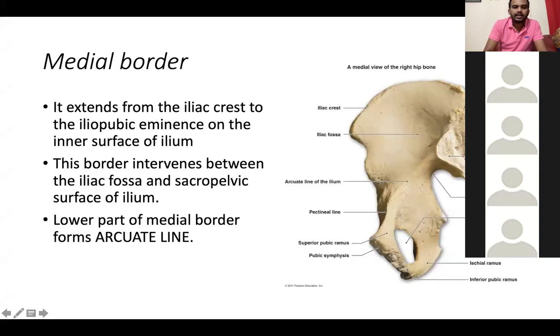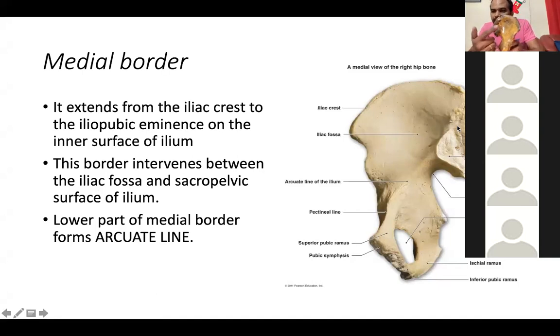This border intervenes between the iliac fossa and the sacropelvic surface of the ilium. So this surface is the iliac fossa, and this surface is called the sacropelvic surface.